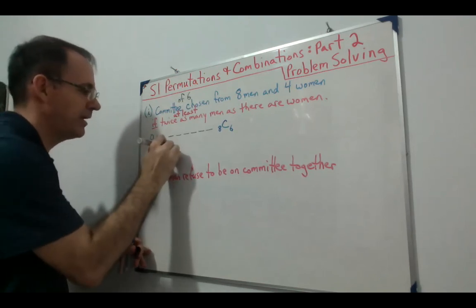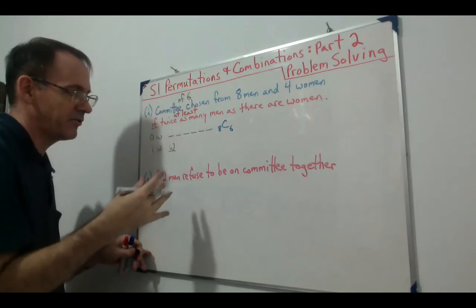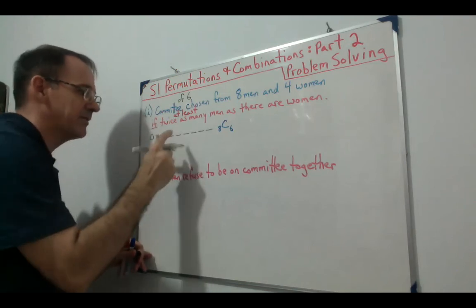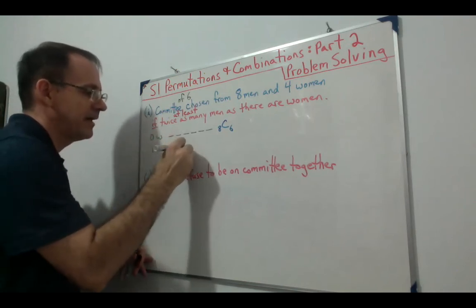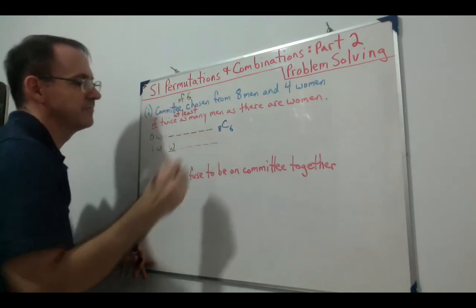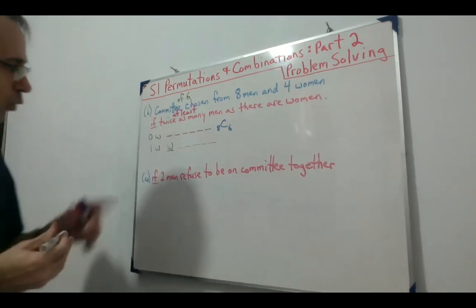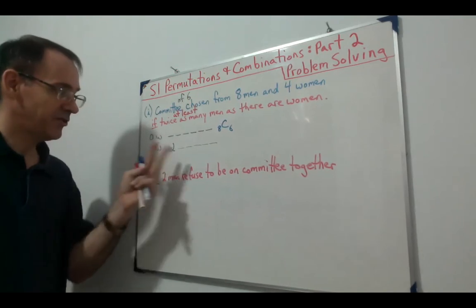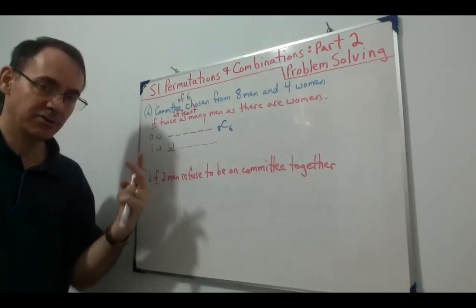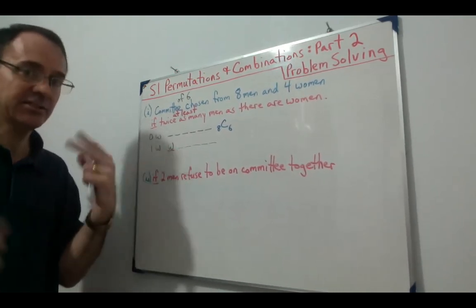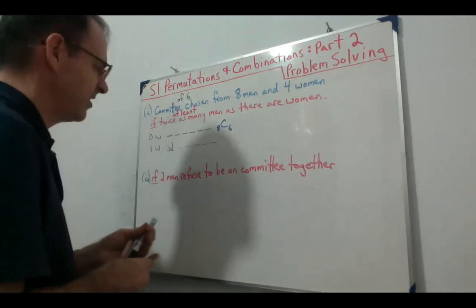Second case is if there's 1 woman on the committee. So if there's 1 woman, that means there's a spot there, and 1 times 2 is 2 men. So that can work as well. There'll be at least twice as many men than women.